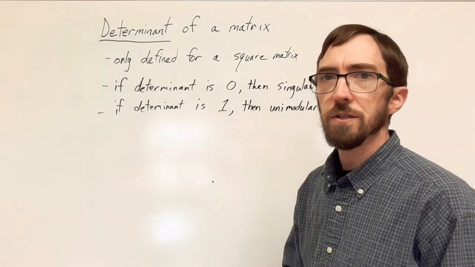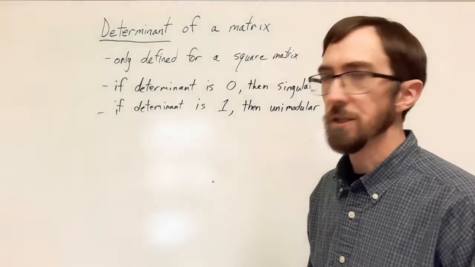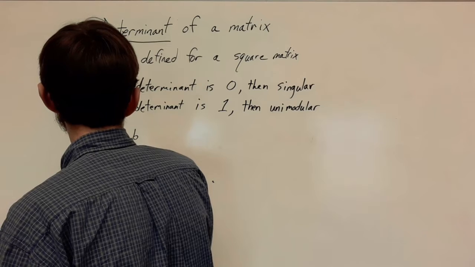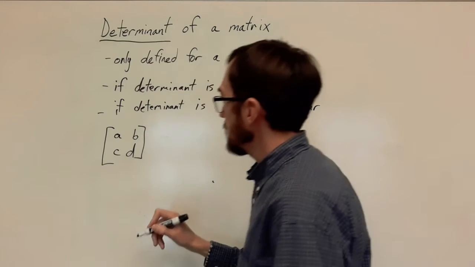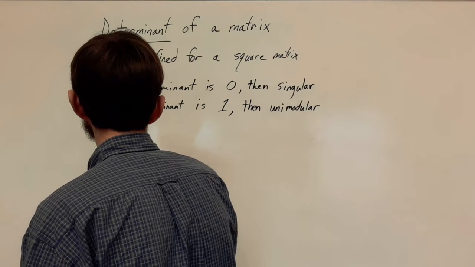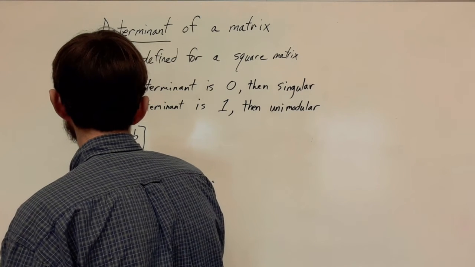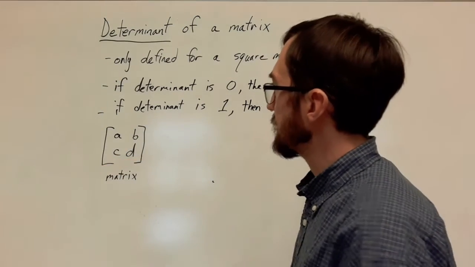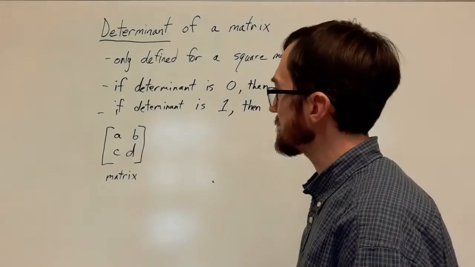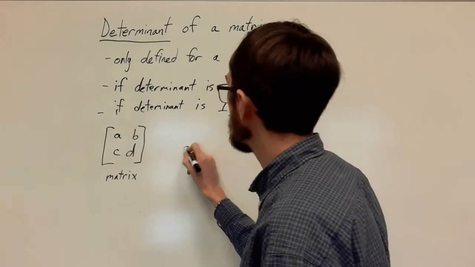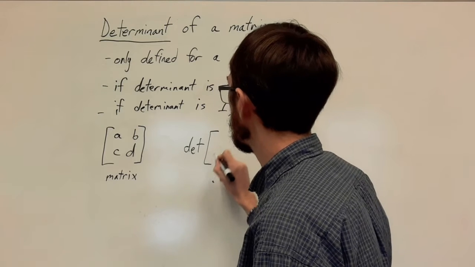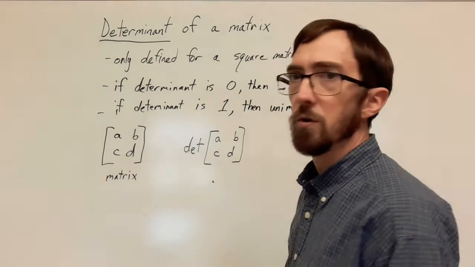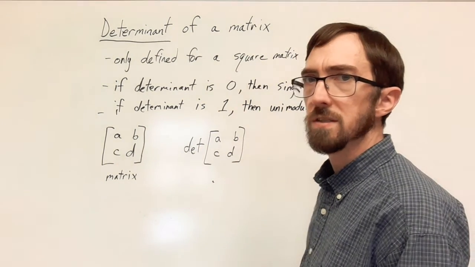Before we actually get to the calculation, I want to talk about some notation. If we start out with some given matrix with entries A, B, C, and D, then we could write DET in front of this matrix to say that we are going to take the determinant of this matrix.